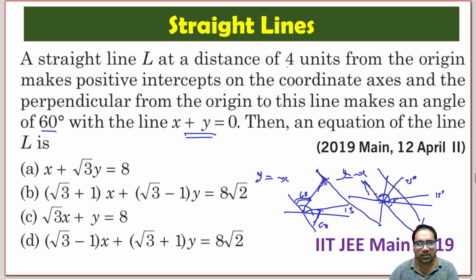If this is our perpendicular, then our line L will become something like this, with an even more negative slope. Both are negative slopes, obviously, because the x-intercept and y-intercept are on the positive x-axis and positive y-axis.